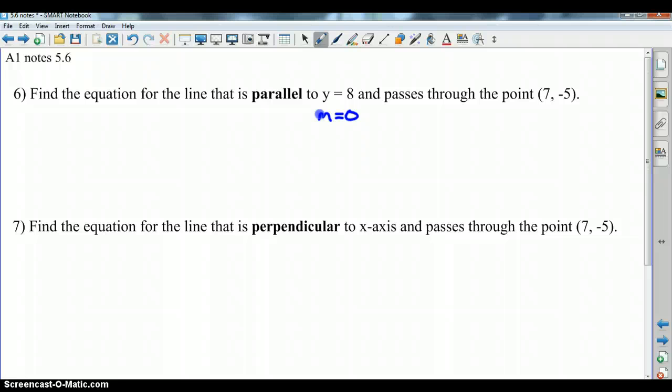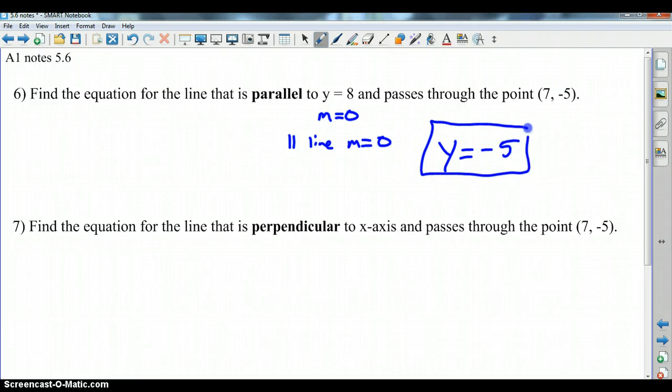Okay, so if the line has a slope of 0, the parallel line also has a slope of 0. But probably more importantly than knowing the slope of the parallel line is knowing that it also has to be in the form y equals, and then it says it passes through the point 7, negative 5. Well, that's my x value, 7 is. Negative 5 is the y value. There's my equation. Pretty simple problem, as long as you know what it's asking.